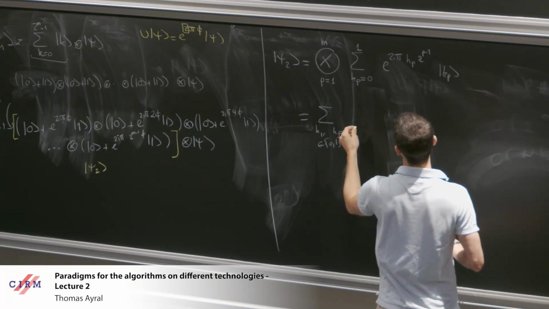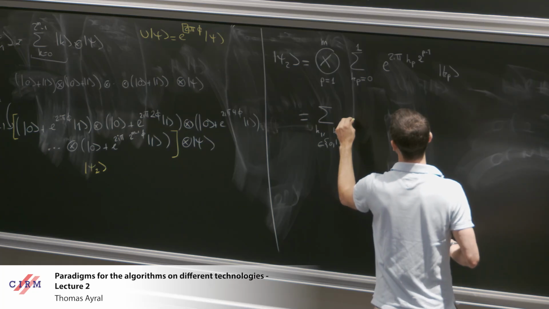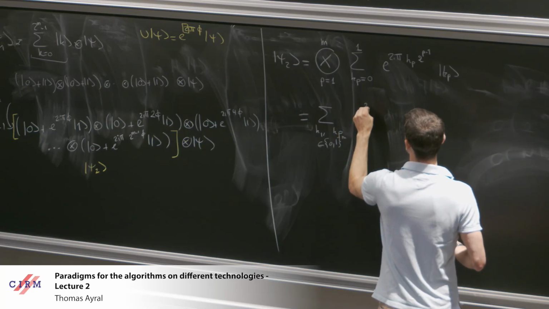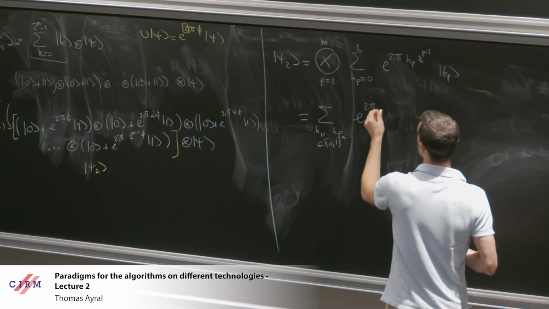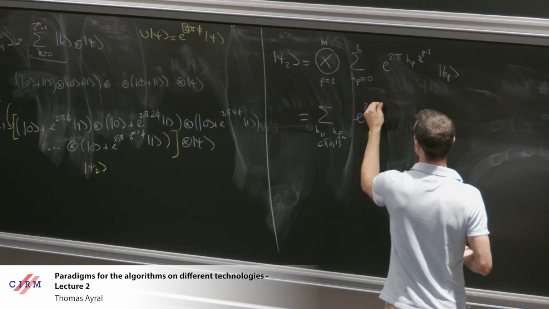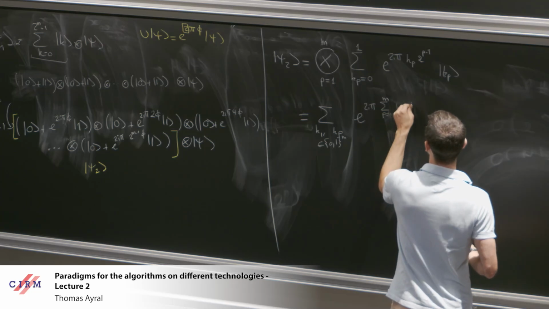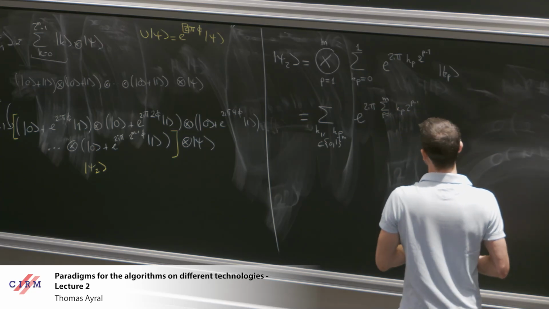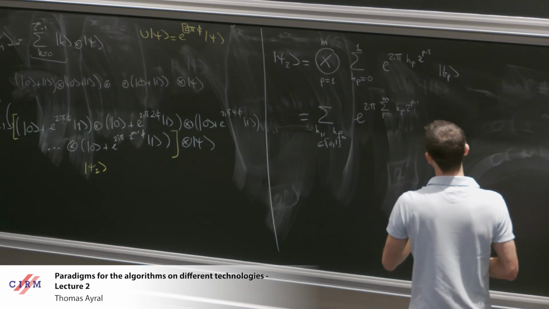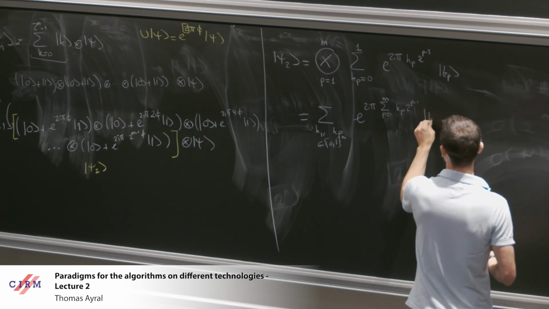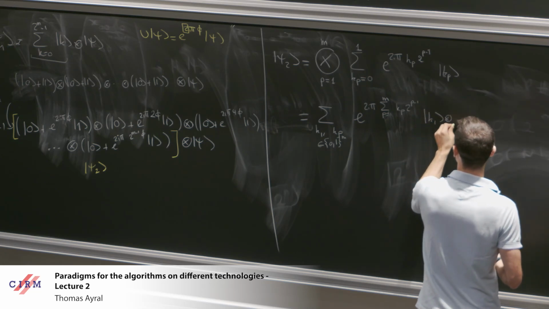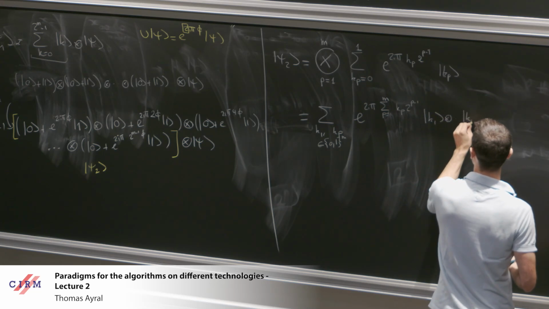In fact, I can absorb it: the product of exponentials is going to be an exponential of a sum over p from 1 to m of kp 2^(p-1), times |k1 ... km>.